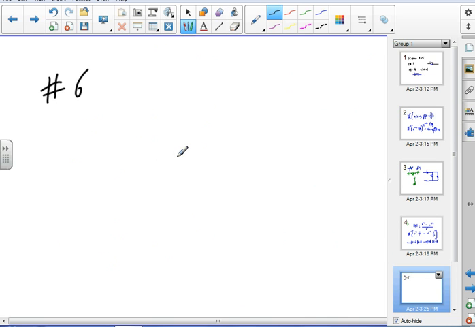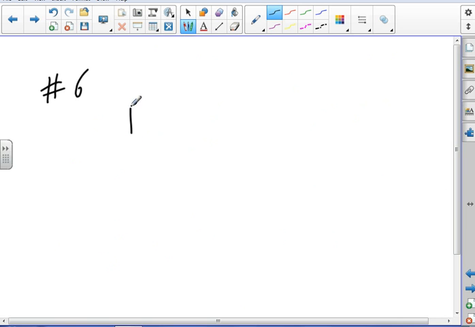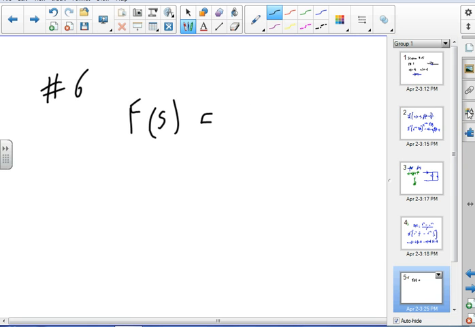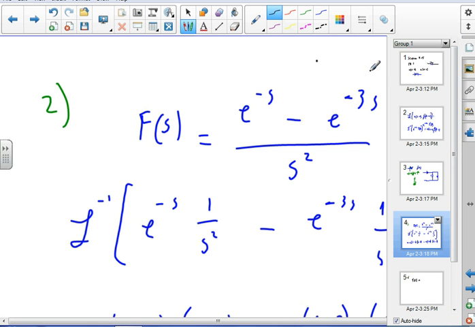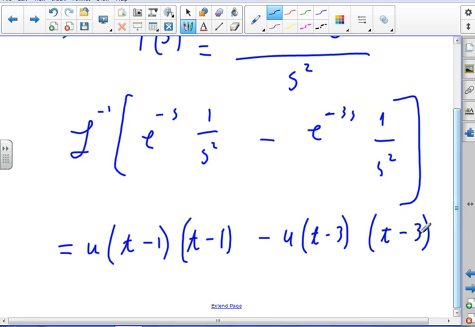Okay, so now we're going to look at F of s, and f of t minus a in that formula. That's exactly what I did. The inverse Laplace transform of 1 over s squared is t.